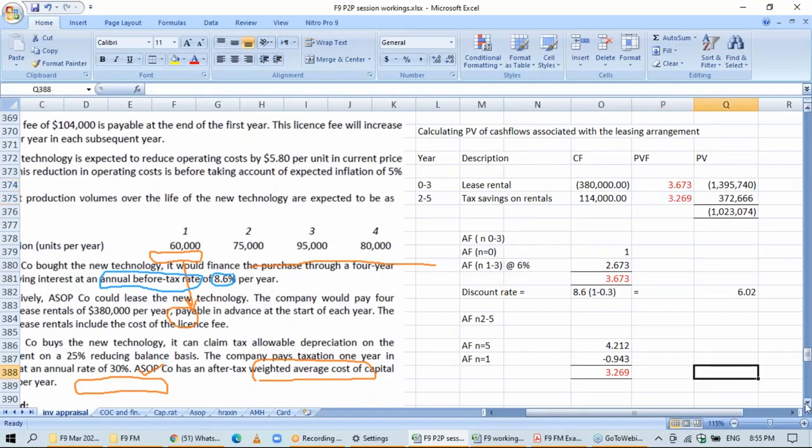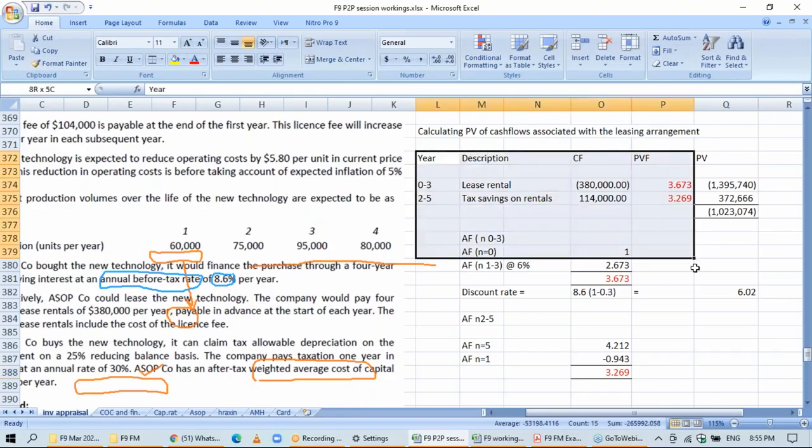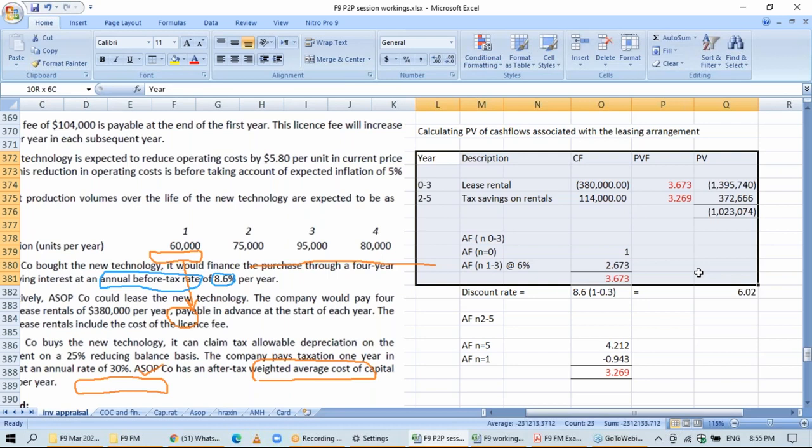Okay, now this is the cash flow from the leasing part. This was a working which you're watching in the yellow patch.